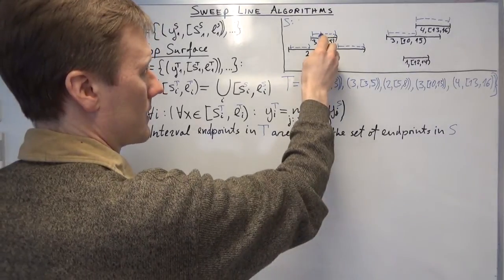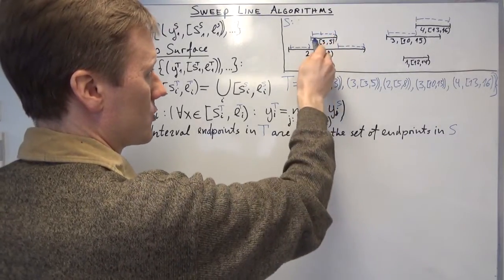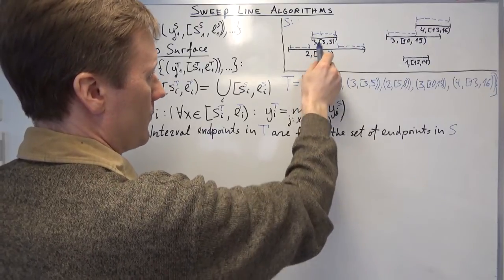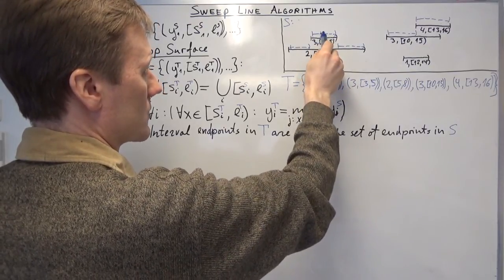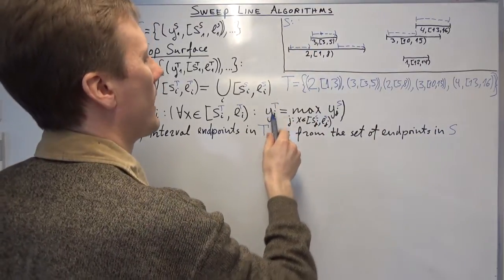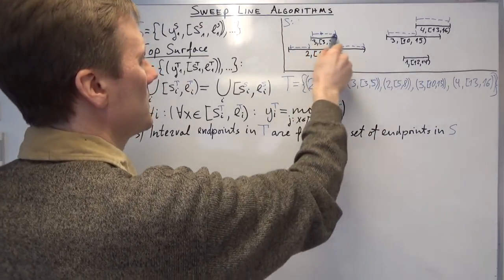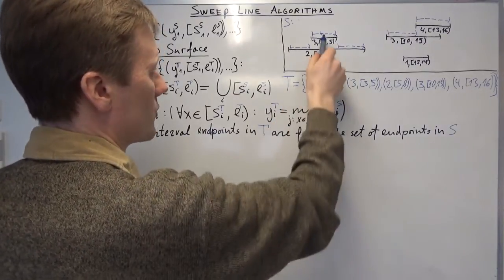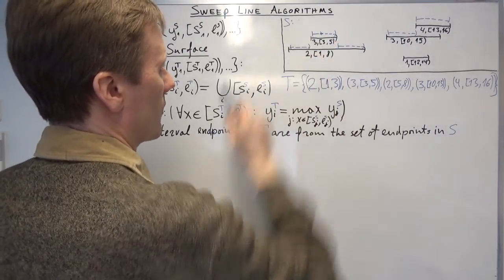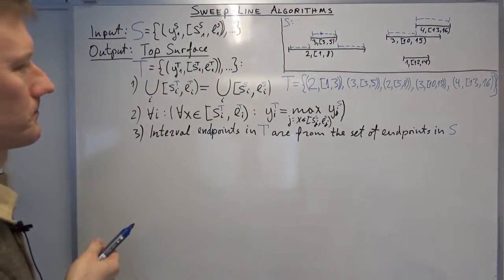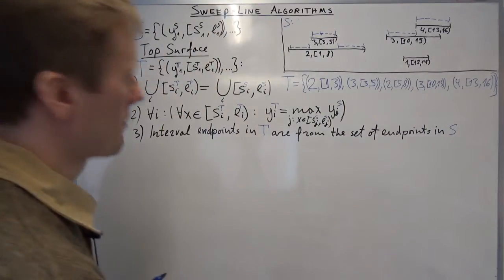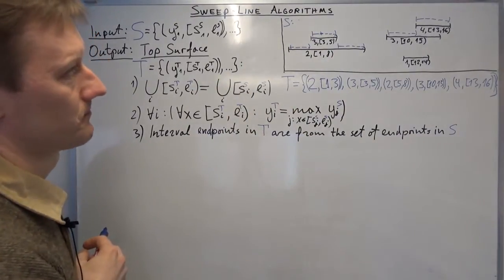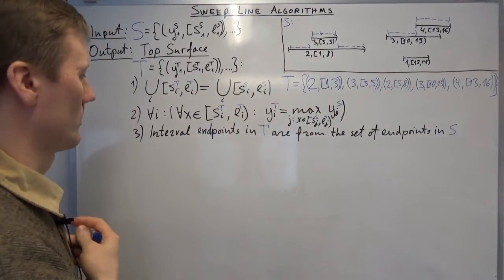So in this case, if I take this point, I see that these 2 intervals from the input cover this point, and the max of 3 and 2 is 3. So the yi of T is 3, and the same yi of T should hold for all the points in this interval. So it's a little bit complex to express it formally, but it's very intuitive what we mean. You can see from the picture what we want to compute.